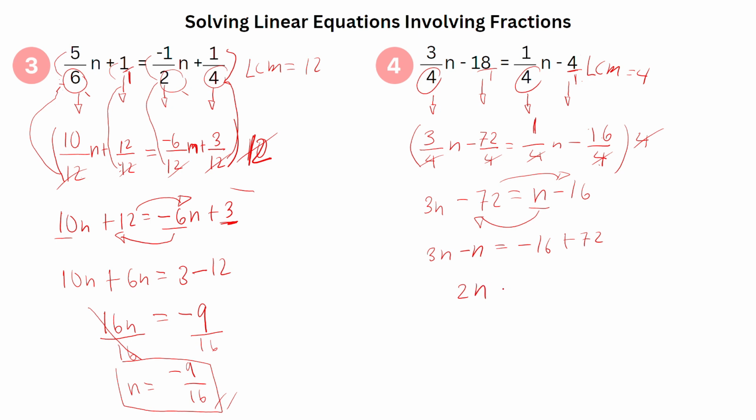Next, equals, what is 72 minus 16? What's that? I have to make sure my answer here. So 72 minus 16, that's gonna be what? You said 56? Let's check. So 72 minus 16.